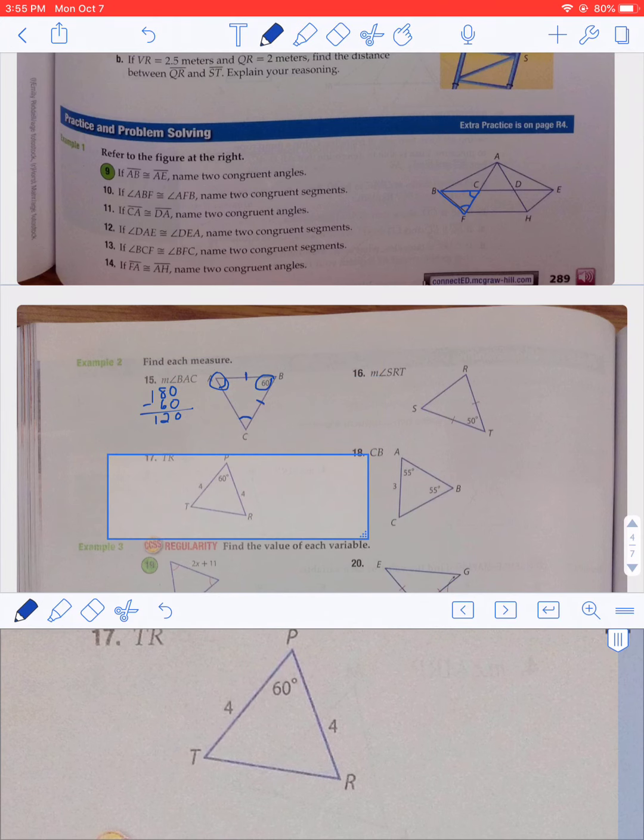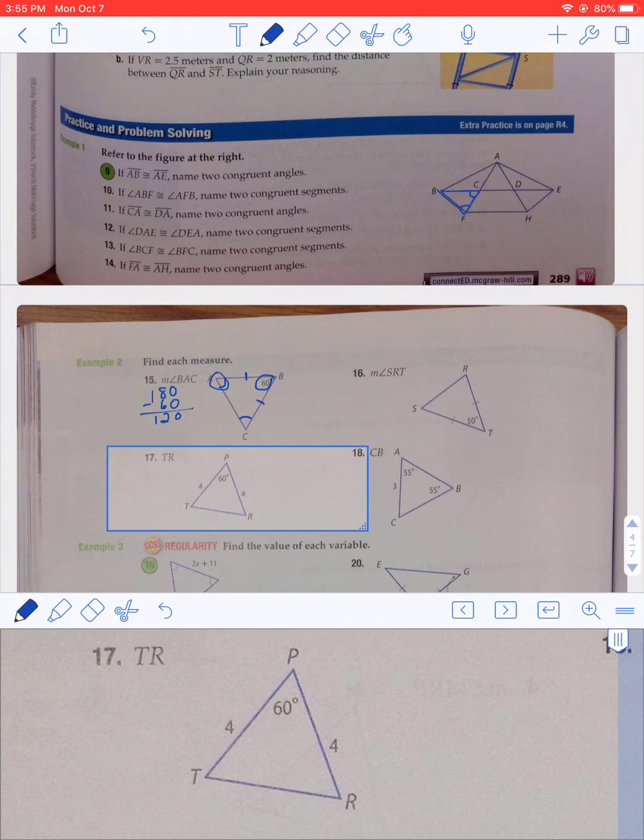And then 17, they want you to find TR, okay. Well, again, we know this is an isosceles triangle because they're both 4 in length. And so if that's true, then these got to be congruent. So it's kind of a similar situation here.